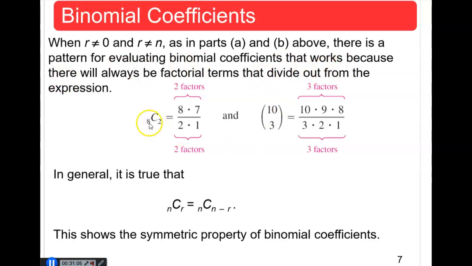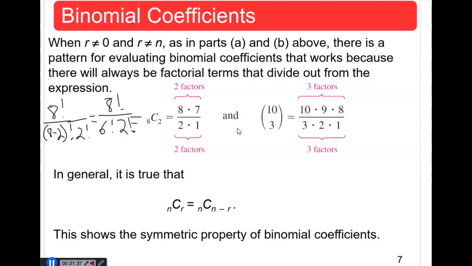And so with the expression that we have here, I'm going to write it on the left side by using the formula. So this will be 8 factorial over 8 minus 2 in parentheses factorial times 2 factorial. And so that will be equal to 8 factorial over 6 factorial times 2 factorial.